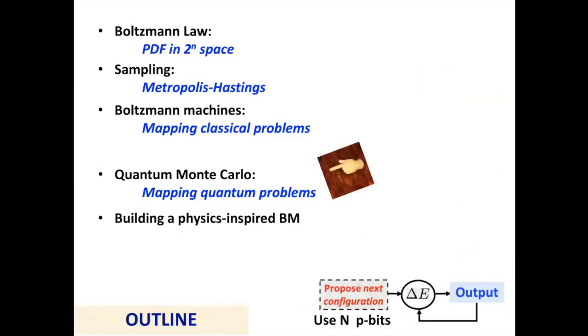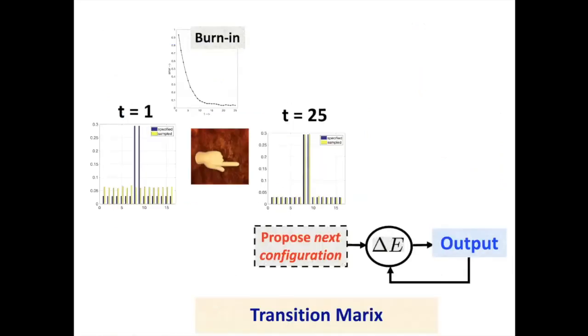Now, what I'd like to talk about next is a little bit about mapping of quantum problems, because what I was just talking about is this mapping of everyday classical problems. Now, for this purpose, I want to introduce this transition matrix, which I had alluded to earlier, because that helps see the connection to the quantum problem.